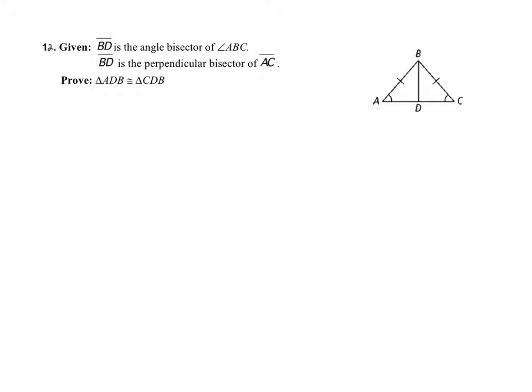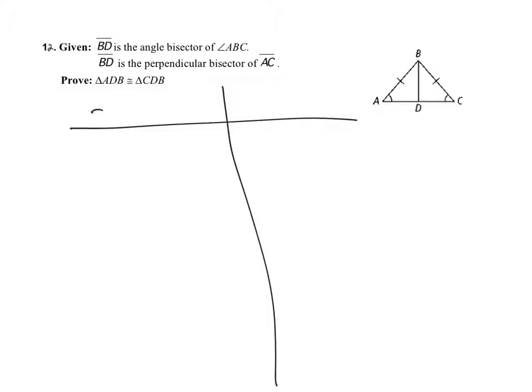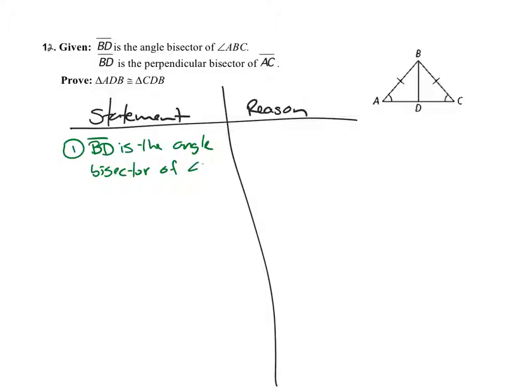Okay, so in this case it says that BD is the angle bisector of angle ABC. Let's start with that given because I want to prove it. Statement, reason. One, BD is the angle bisector of angle ABC. That's given.